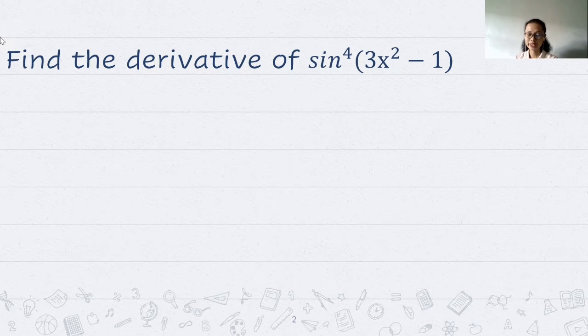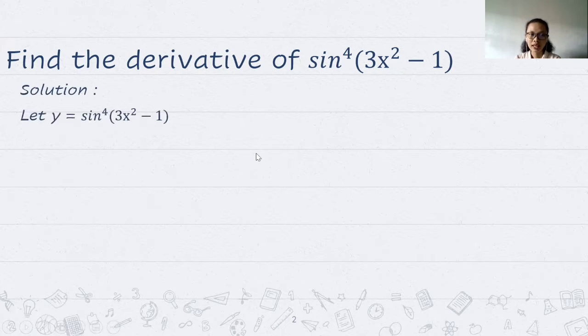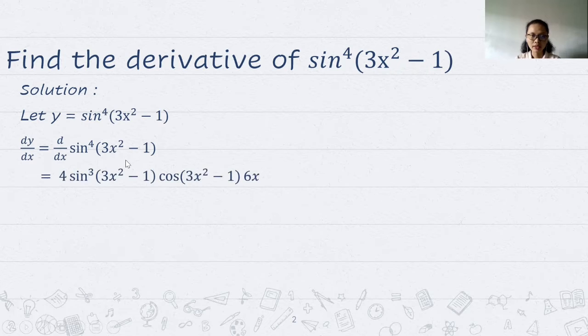Okay, the next question. Find the derivative of sine to the power of 4 of (3x squared minus 1). Solution. Let y equal sine to the power of 4 of (3x squared minus 1). dy over dx equals d over dx of sine to the power of 4 of (3x squared minus 1).